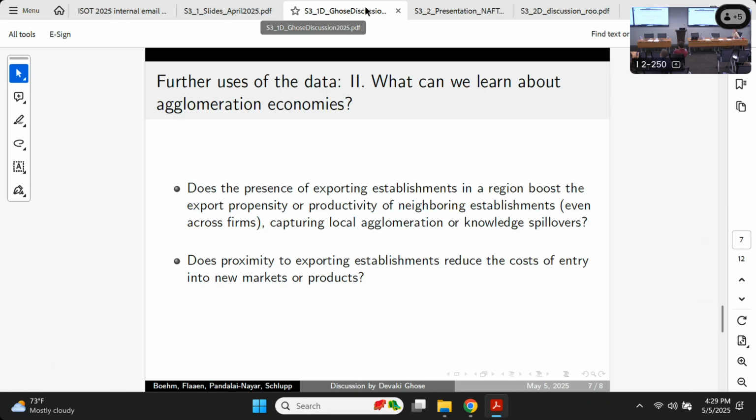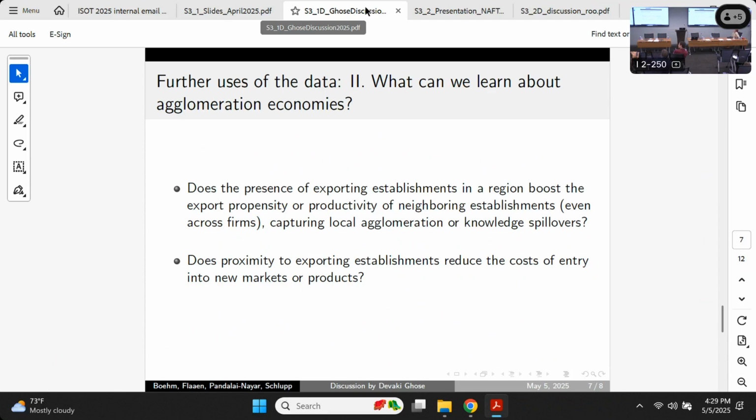These establishments would be like the conduit of information. If you look at a geography and an establishment next to you starts exporting to a new market, do you also start exporting? So I thought this is another area where this data can be very productively employed, to talk about entry into new markets and learning about new products.